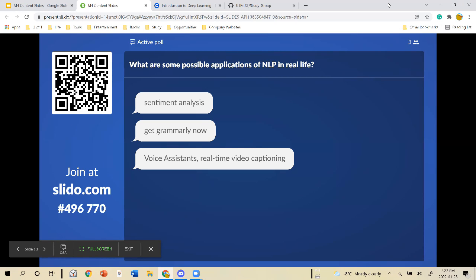These are all good examples. It's so interesting how Grammarly is able to correct grammar that humans might not even know sometimes. These are all really good ideas.